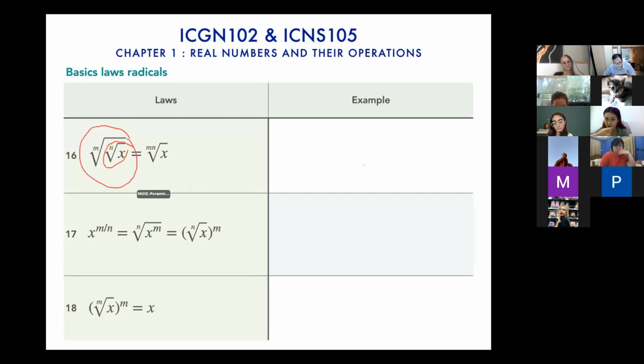When you have this, you can make it the m times n root of x. So if you have two levels of roots like this, you can change it to the m times n root, multiplying the indices together, of the term x.